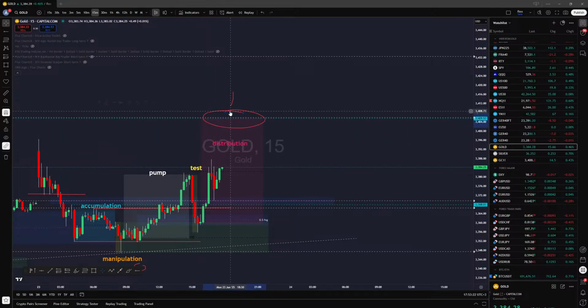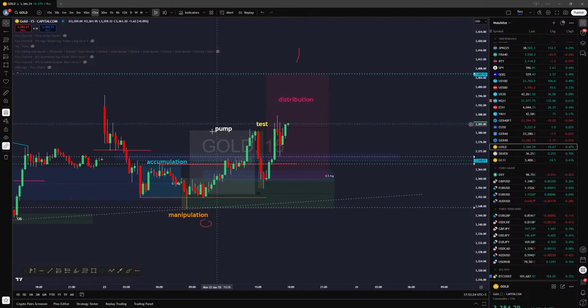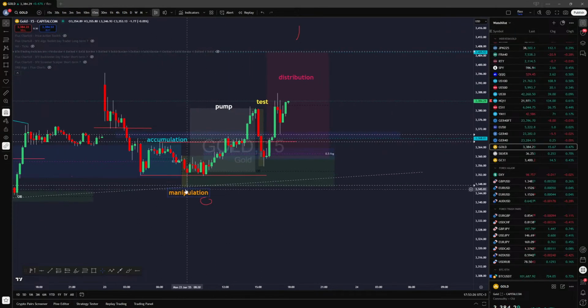Something like this. So there are five stages you have to remember and identify. Most importantly, like I said, it's the manipulation phase. Manipulation phase is everything. It is also called SFP. This is just one big part that you have to know.